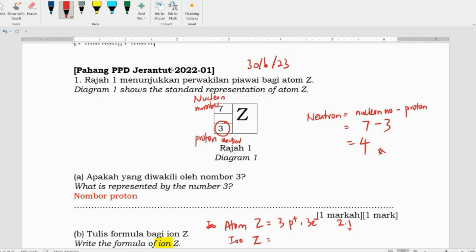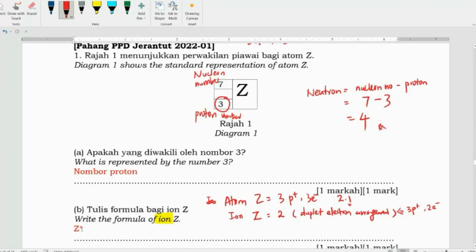But in this case, the 1 valence electron can be lost. So ion Z becomes 2. This first shell is called the duplet electron arrangement, which is very stable. So now you have 3 protons and 2 electrons. That's why ion Z is positive. Z positive.